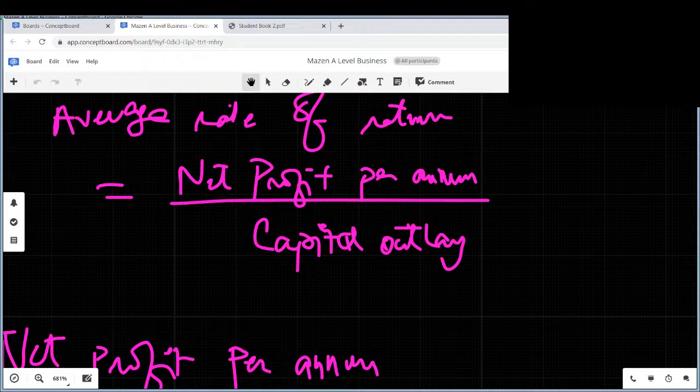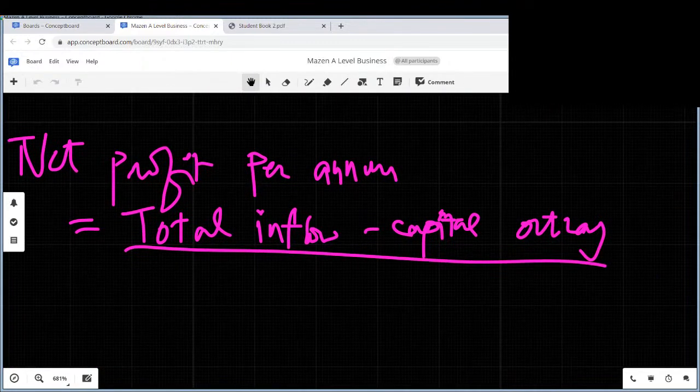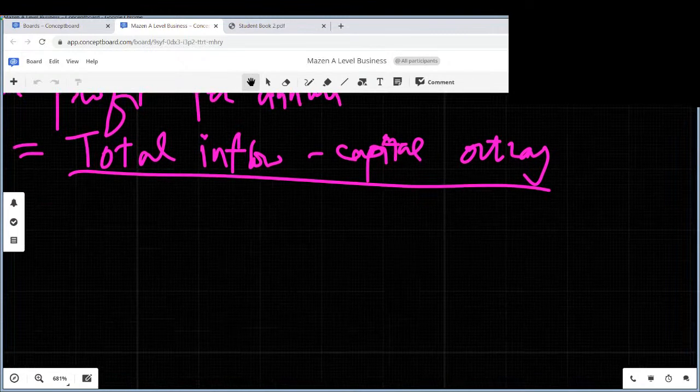So your capital outlay is like the starting value, the investment that you're making at the start of the project. In fact, that is not exactly the capital outlay. I'll explain the capital outlay in a bit.